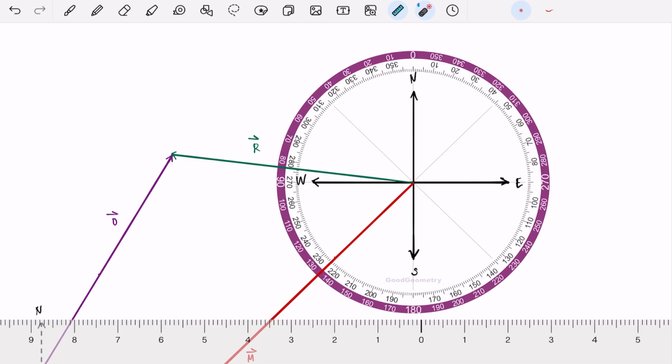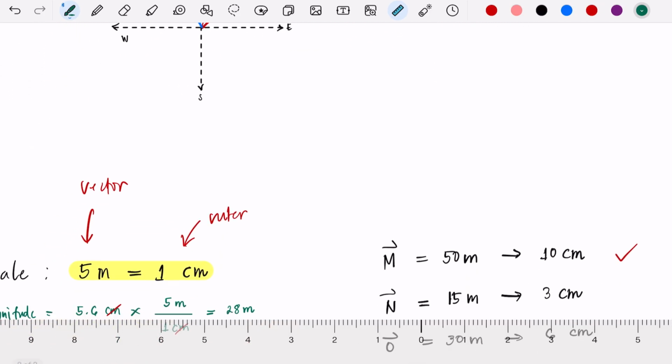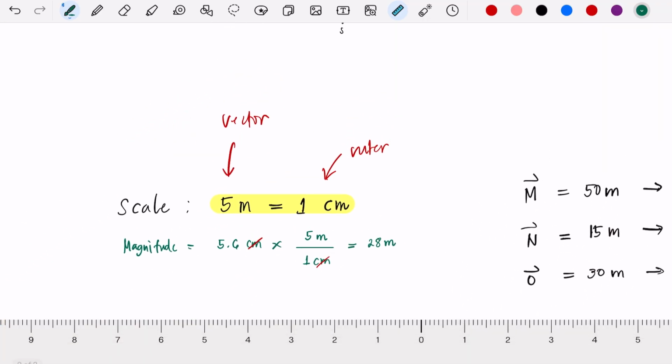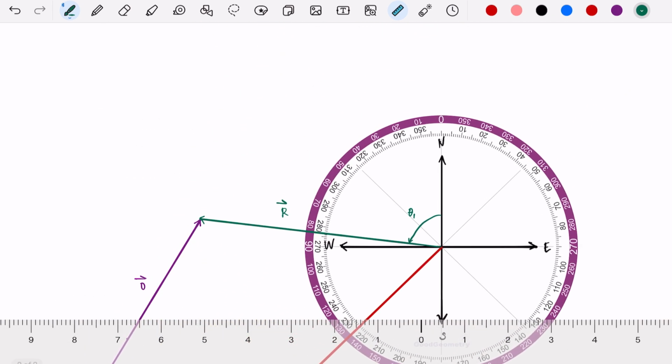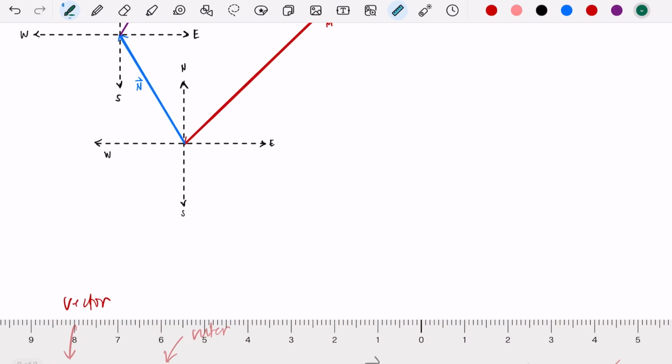This angle over here, which I'm going to call theta 1, is actually 83 degrees. So I'm going to write it here: the direction is 83 degrees. Let's go back. We set our 0 at north going west, so that should be west of north.